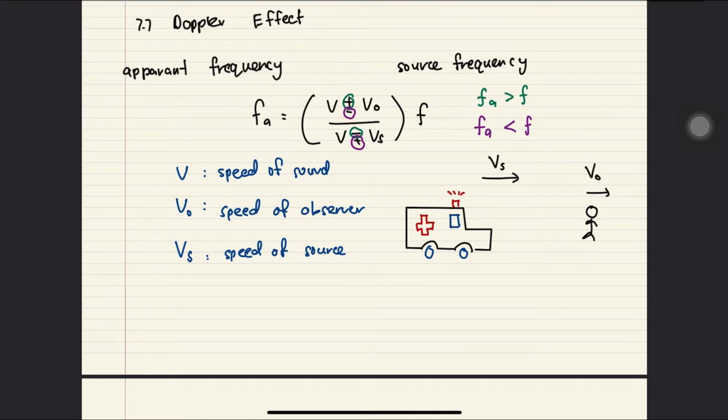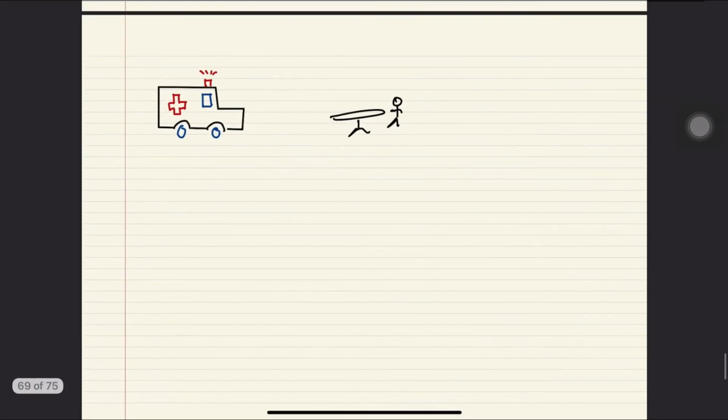We will go through an example after this, but before that I would like to discuss some situations. For example, you are eating nasi lemak at the mamak, and there is an accident nearby with an injured person. An ambulance is coming towards that person to help. The velocity of the ambulance is in this direction, so this is the source velocity.